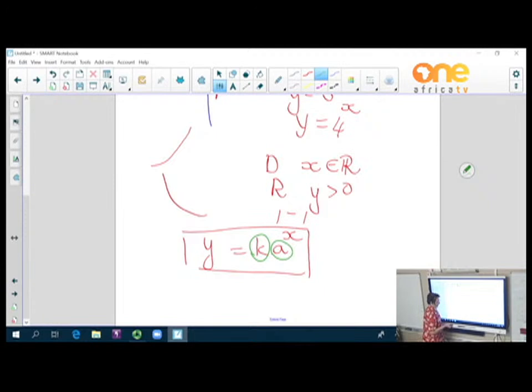So if there's one person who had it, and he met 4 people, then from there the growth factor is 4. So this is your initial value, and this is your growth factor, the factor that it's growing with.